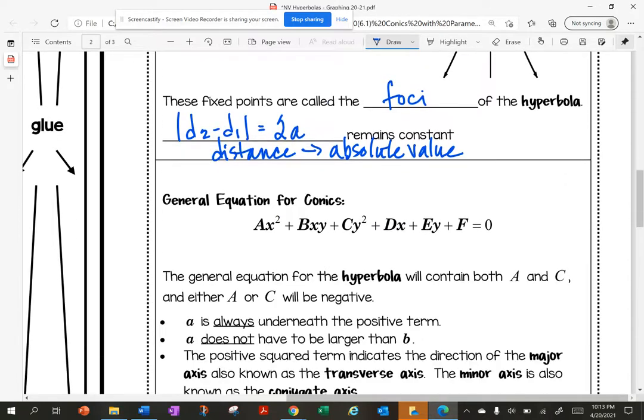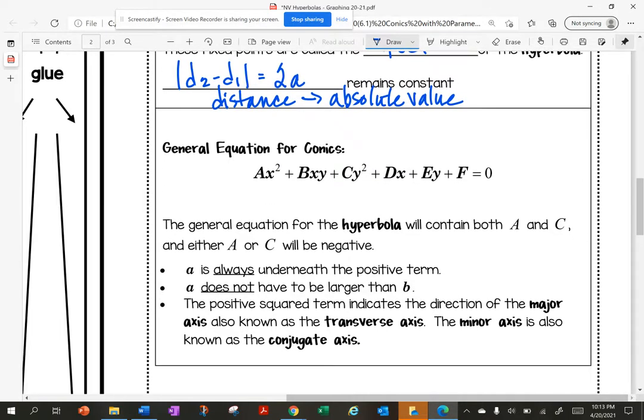All right, so how do I know from a general equation of conics when I have a hyperbola? I am looking at A and C. And what I find is they have opposite signs. So one is negative and one is positive, okay?